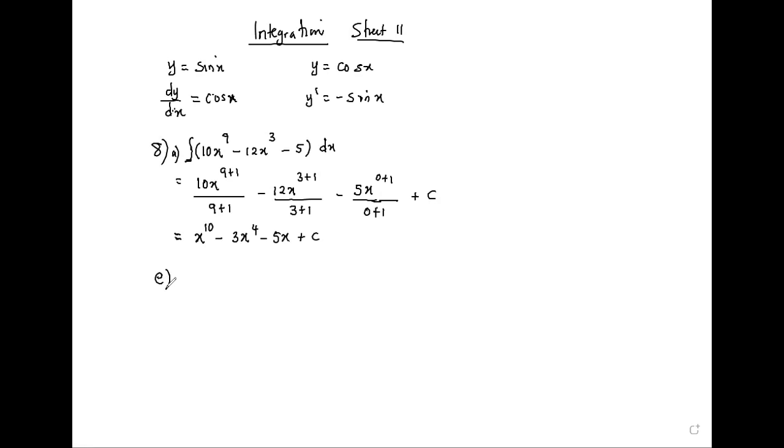If we go to E, E is saying, are you able to integrate 6 over x to the power 5 minus 1 over 7 x to the power 3? Okay, I want to combine this question with this one: minus 9 times the cube root of x to the power 7.